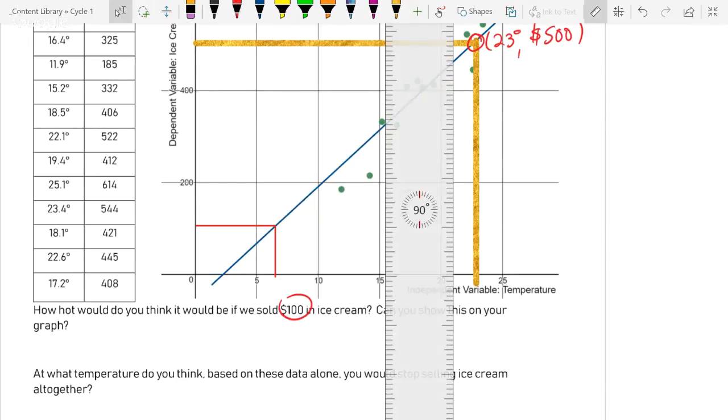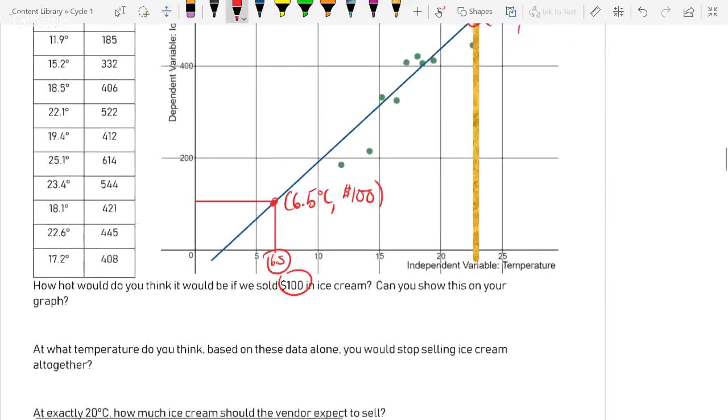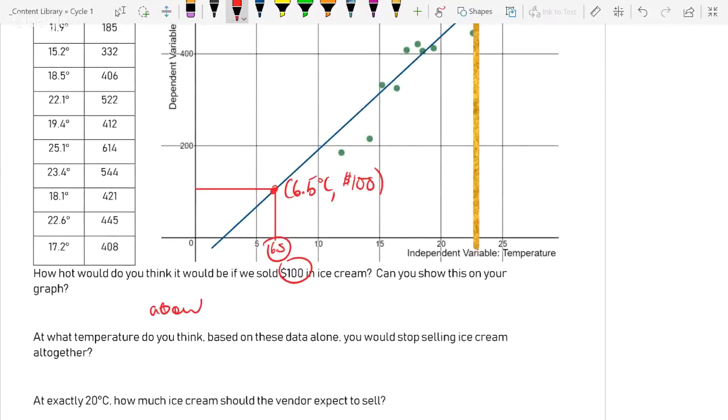So based on my line of best fit, and we're all going to have slightly different answers, and that's okay, I would say mine looks like maybe a 6 or 7? I'm going to say 6.5. That 6.5 degrees Celsius would be about $100. And again, we're doing this on an ad hoc basis. So my guess would be about 6 or 7 degrees Celsius. That makes sense?